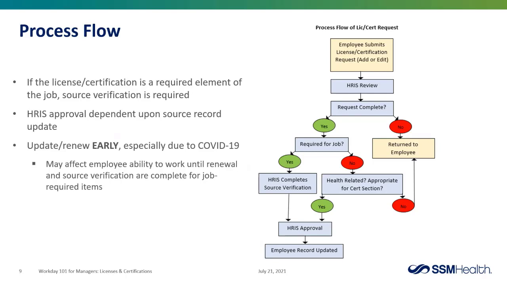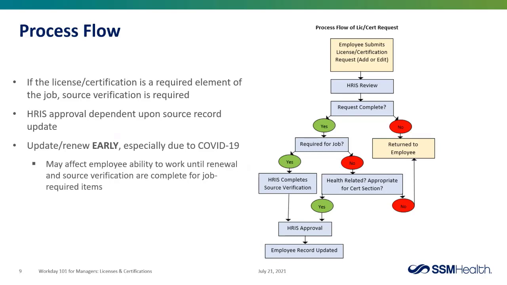If by chance that information is not on there, then we have to send it back to the employee just so we have that source documentation attached. And for the required element, HRIS actually goes to the governing body. So for instance, if it's an RN, then we do the certification, maybe through the licensure through nurses, to verify that all of the information is correct.